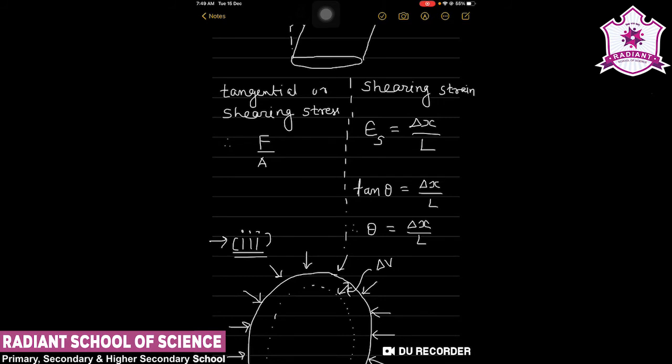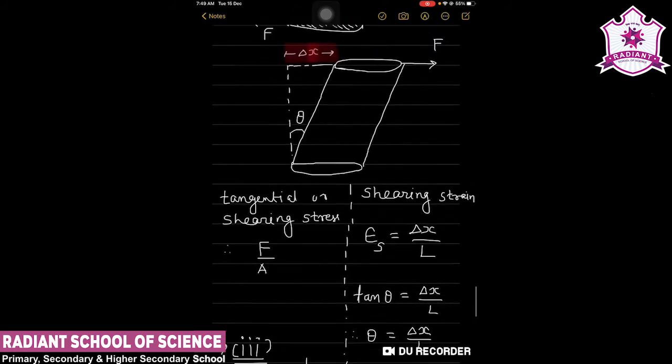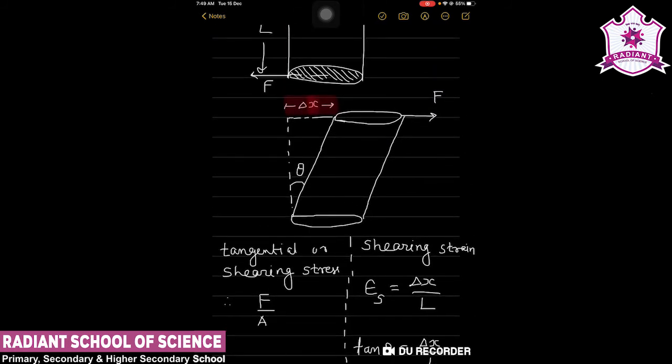As a result of this applied external tangential force, there is a relative displacement, delta x, between the two opposite faces of the cylinder as shown in the figure above. The strain so produced is called shearing strain, defined as the ratio of the relative displacement of the faces, delta x, to the length of the cylinder L.